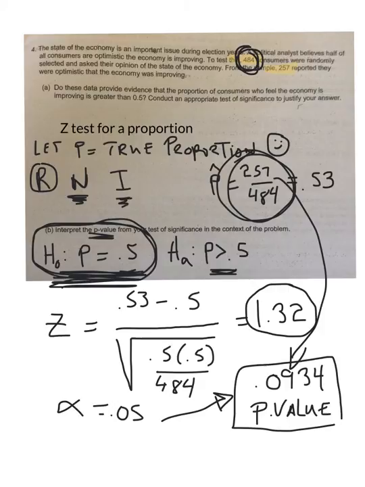That's what interpreting the p-value is. Given that this is true, we would get this result 9% of the time. Okay, and you got to write that up. There you go.